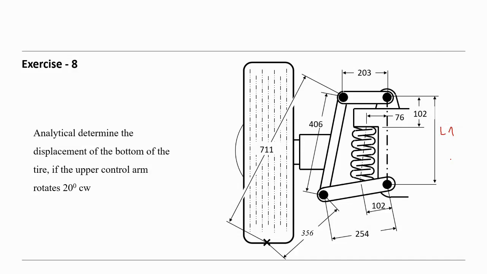Let's see what is given here. I think it says to determine the displacement of the bottom of the tire if the upper control arm rotates. This is not given, huh? No, it's not given, but maybe I forgot it, so the problem can't be solved.